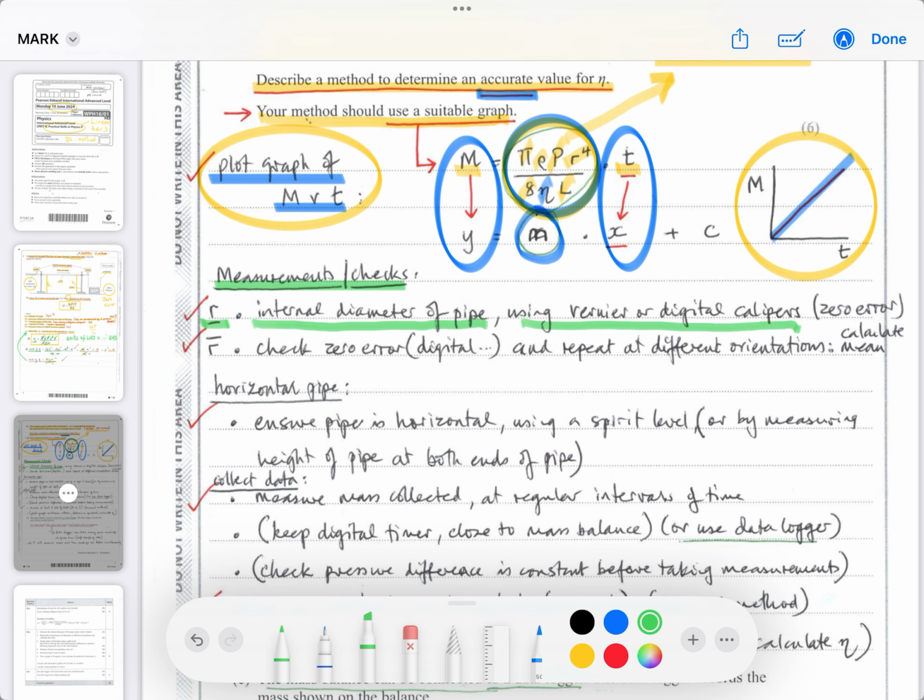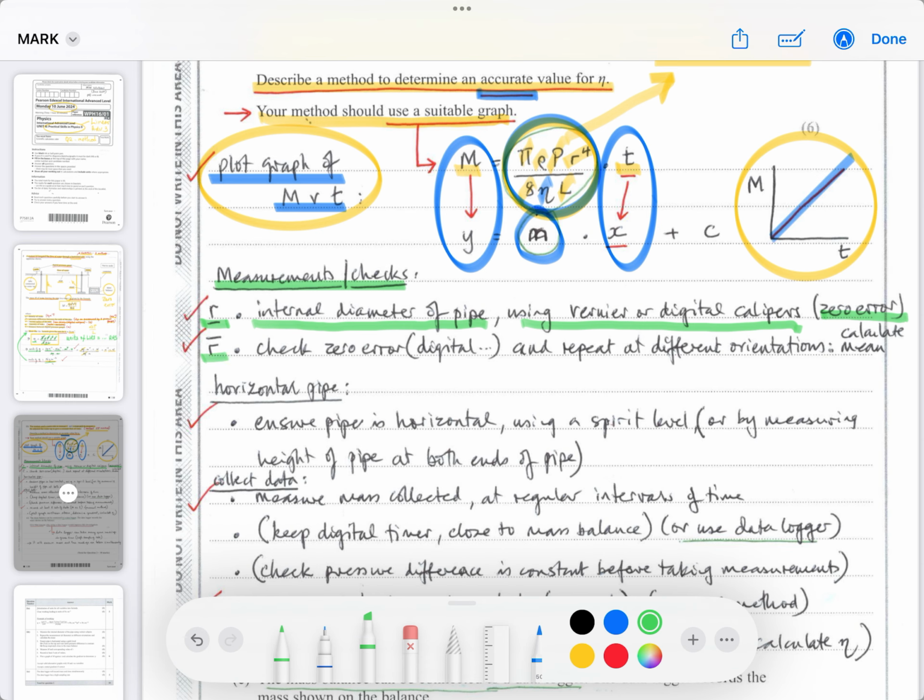Now digital calipers are good because you can zero error them, and they're easier to use, and they have a resolution which is more accurate, a resolution of 0.01 millimeters, whereas vernier calipers have a resolution of 0.1 millimeters.